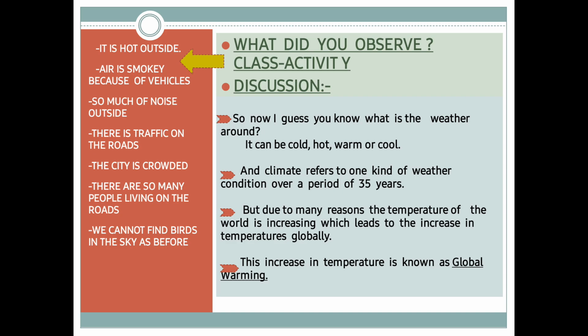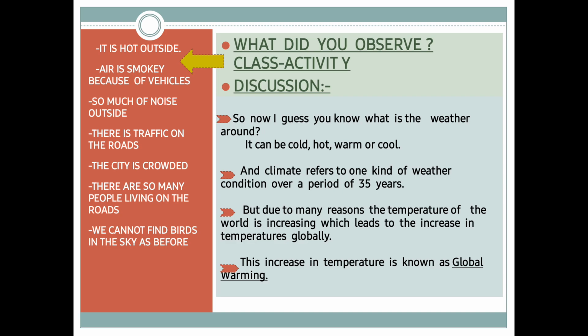But due to many reasons, the temperature of the world is increasing, which leads to the increase in the temperatures globally. This increase in temperature is known as global warming. So now you will be understanding the concept of global warming through discussion and the class activity that we have planned for you. If you go out and you yourself witness, sometimes there is so much heat and humidity outside. Still there is rain.